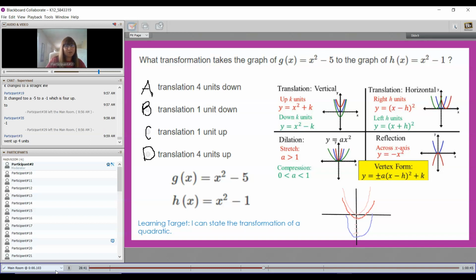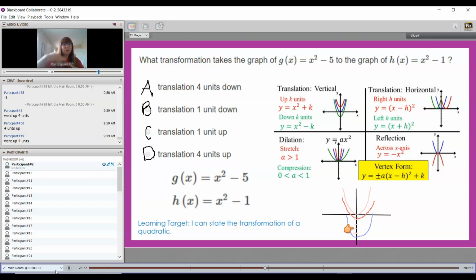It moved up 4 units. The way you can also think about it is minus 5 plus what gives me minus 1? Minus 5 plus 4 gives me minus 1, so plus 4 would have moved me up those 4 units.